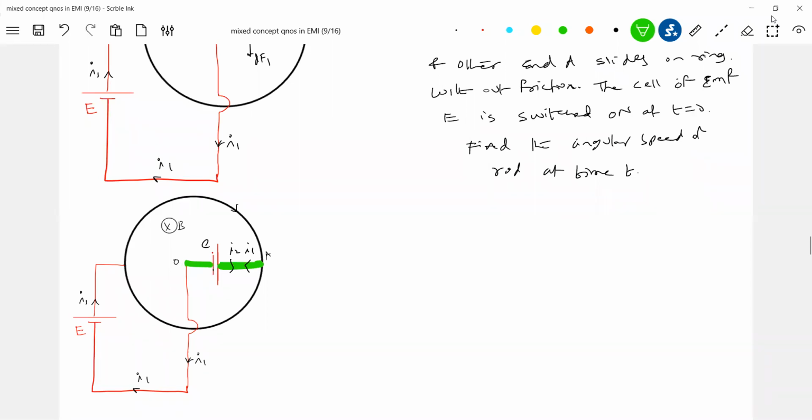So what is I1? I1 equals E by R. That resistance also I have to show. Then what is I2? I2 should be e by R, where e is B omega L square by 2, divided by R.